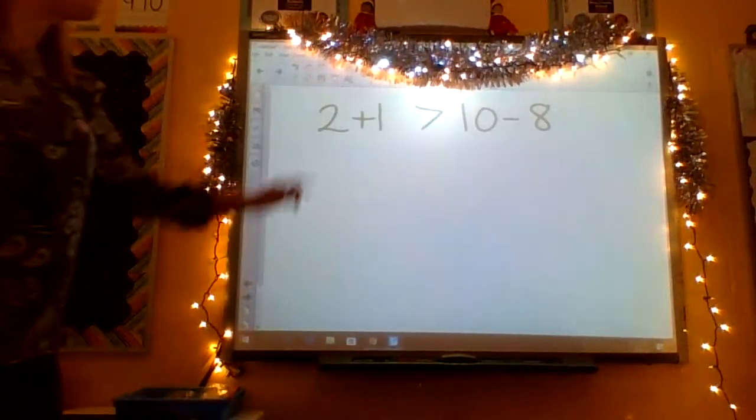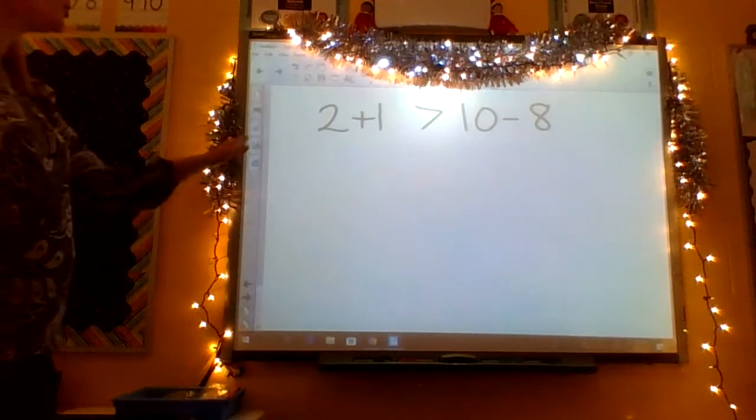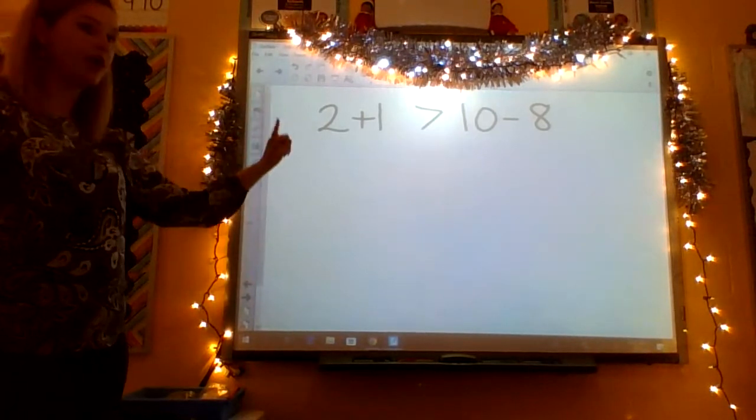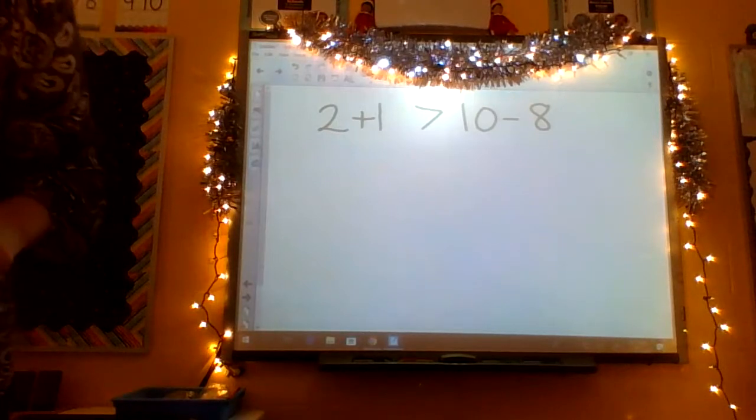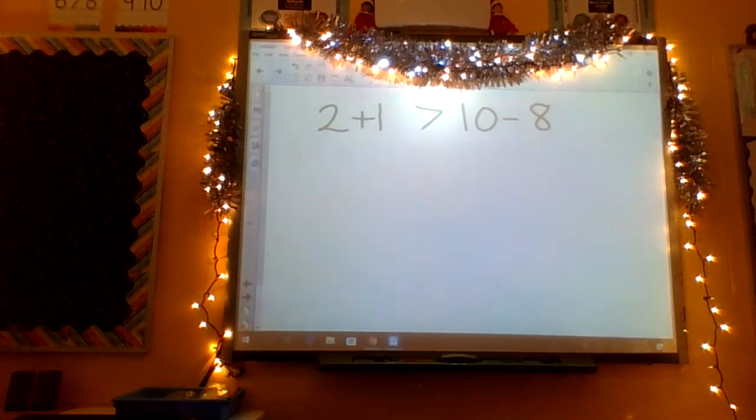Write down this number sentence for me. 2 plus 1 is greater than 10 minus 8. Wait, how do we write that out?